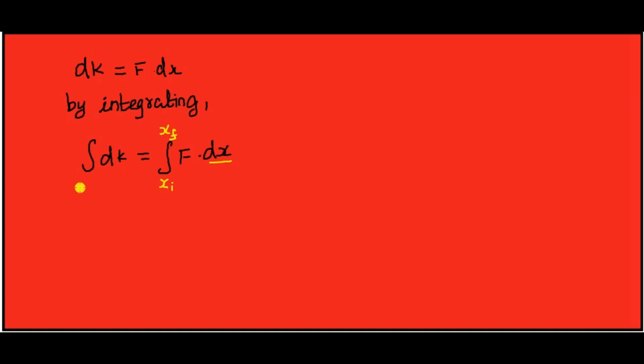Same way here it is going to be the initial kinetic energy to final kinetic energy. So when we integrate, we will get the answer for this as K, substituted with the limit of Ki to Kf, that is equal to the integral from xi to xf of F into dx.